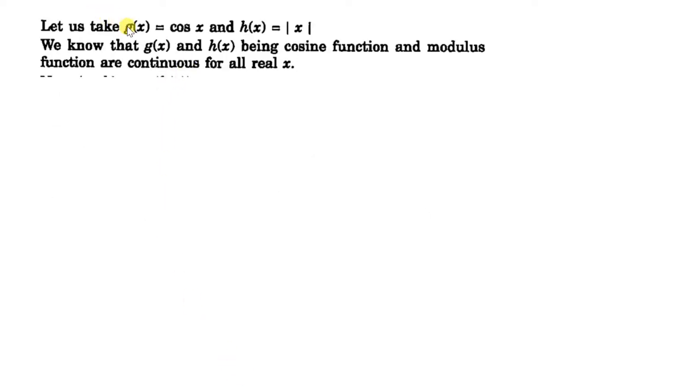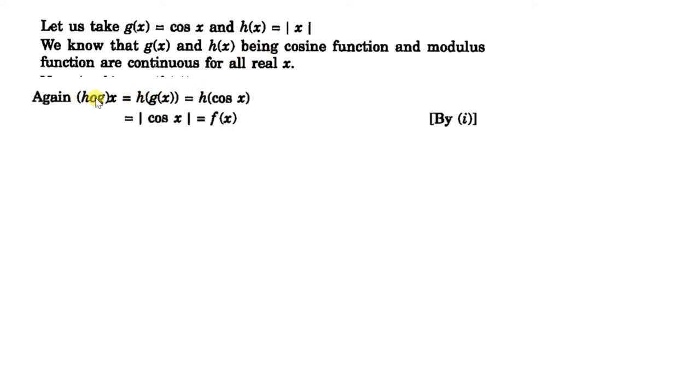Now let us take one function g(x) equal to cos x and another function h(x) equal to mod x. Since the cos function and mod function are both continuous functions, h composition g of x will be h of g(x). g(x) will be replaced by cos x, so h of cos x.